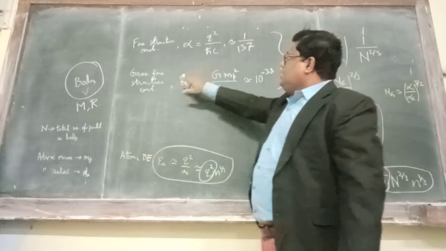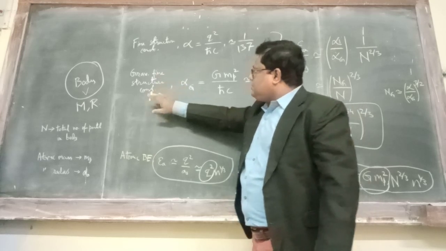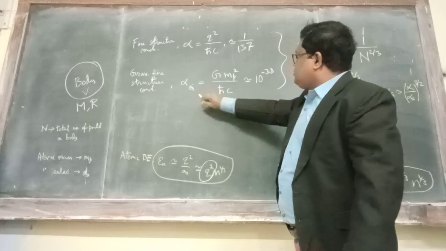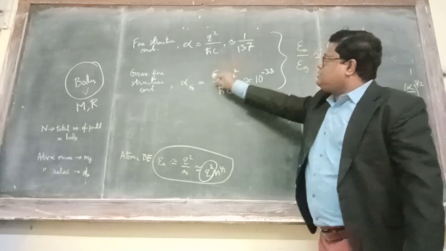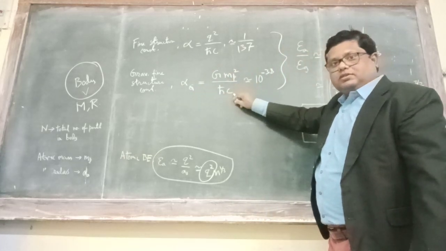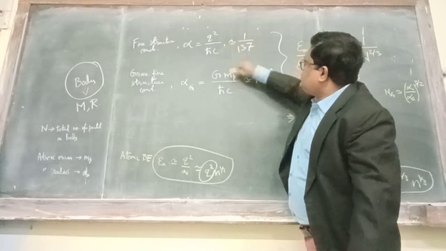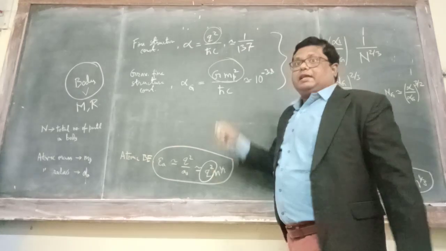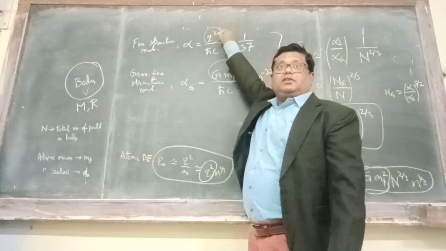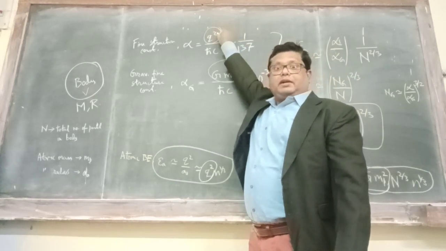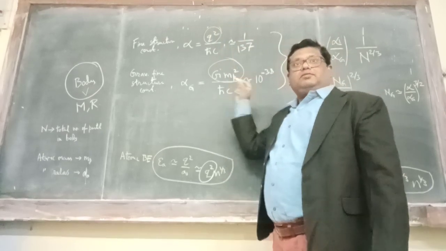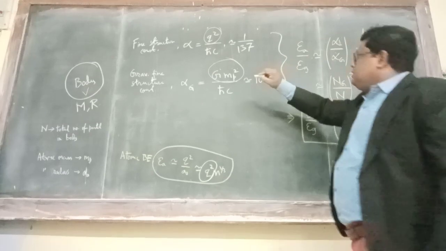Now similarly, we have another important constant, which is the gravitational fine structure constant, and it looks like this: G m_p square by h cross c. Look into the similarity of the structure. Here we have q square, here we have G m_p square. That is the strength of the interaction. Charge gives the strength of electromagnetic interaction; the gravitational constant times mass gives the strength of the gravitational interaction.